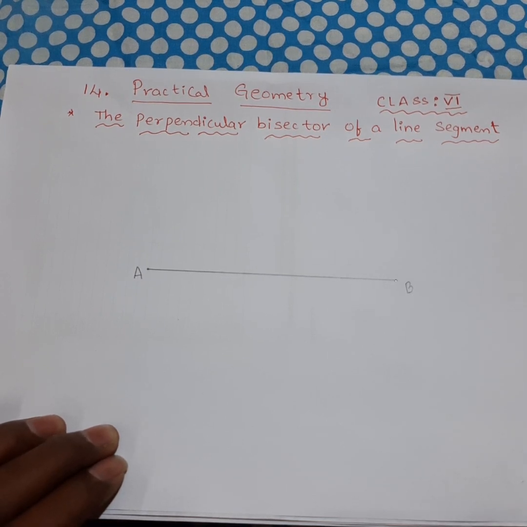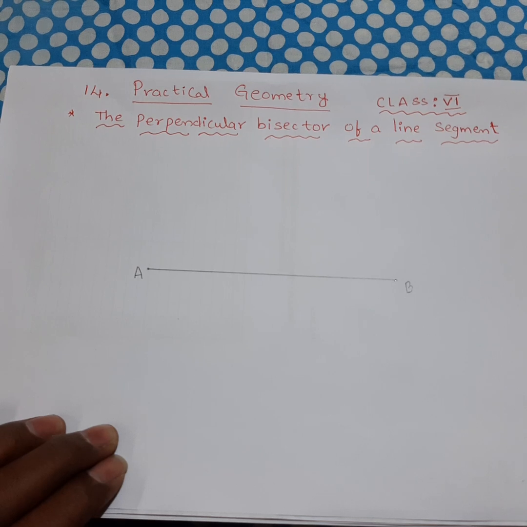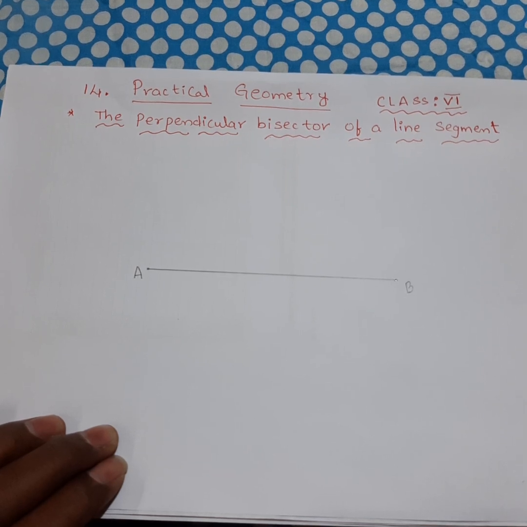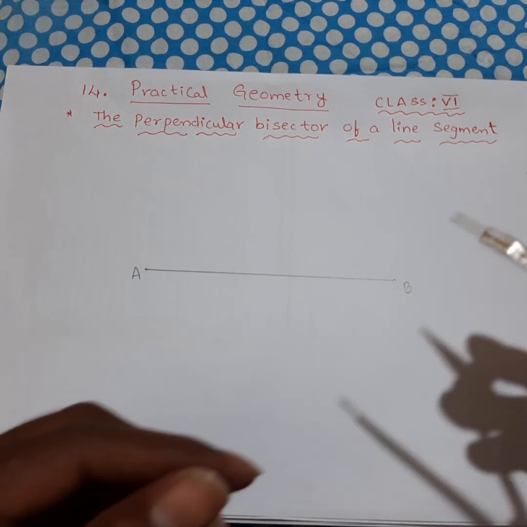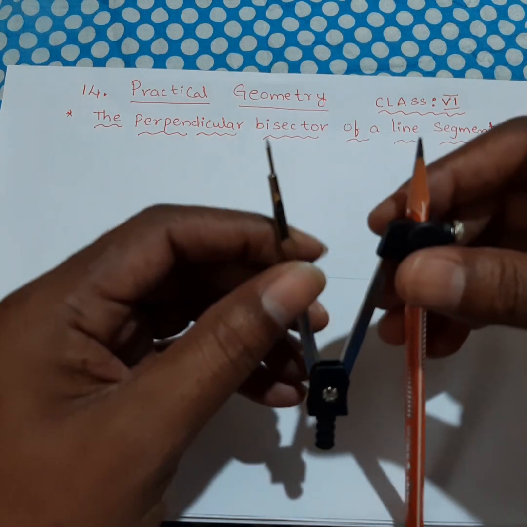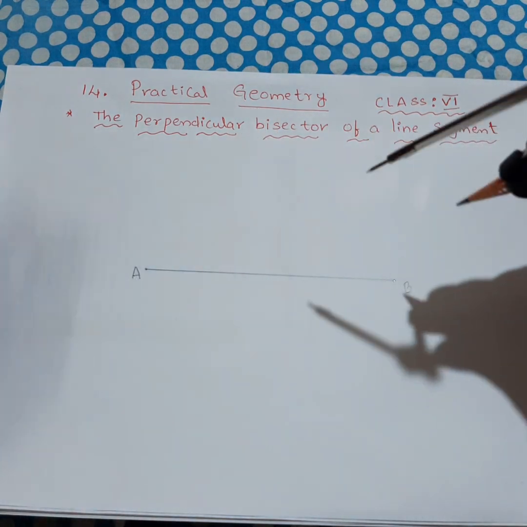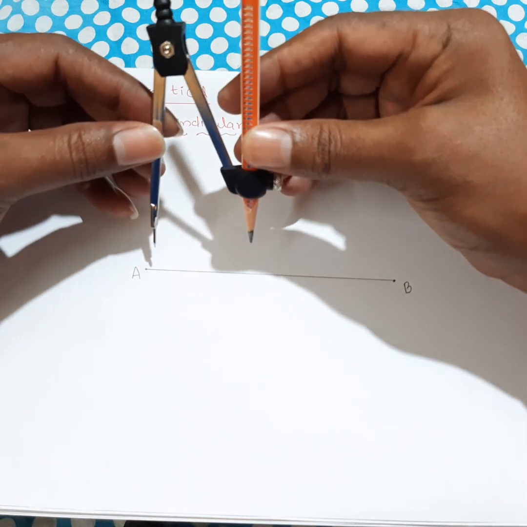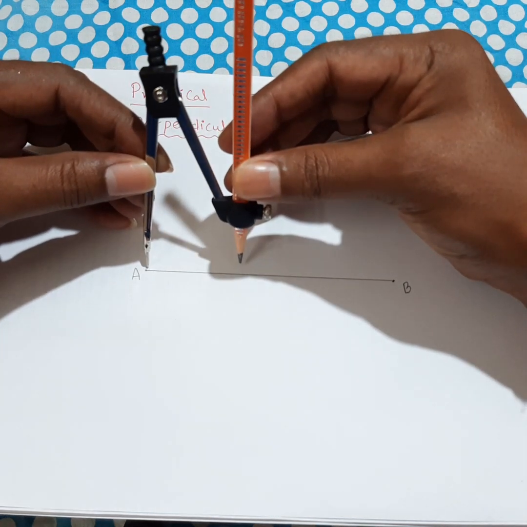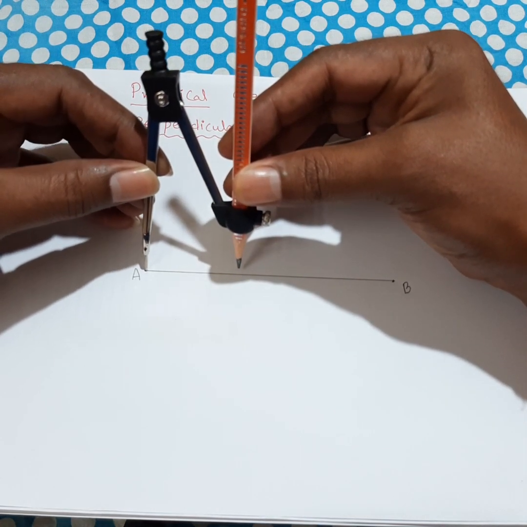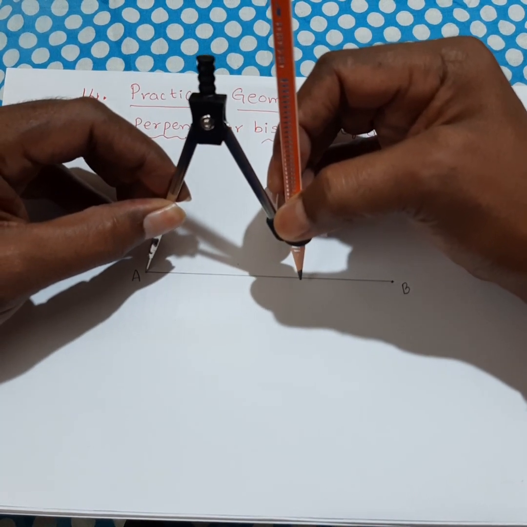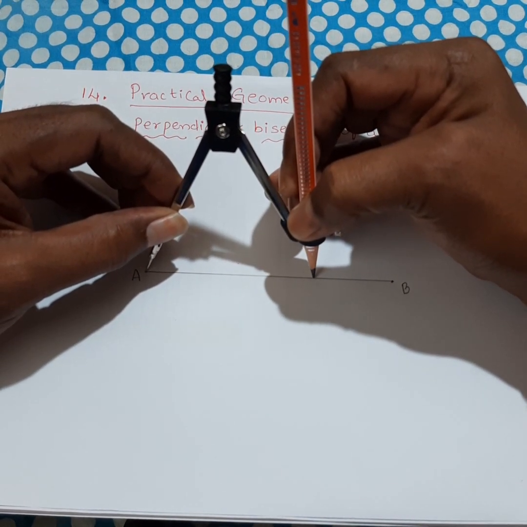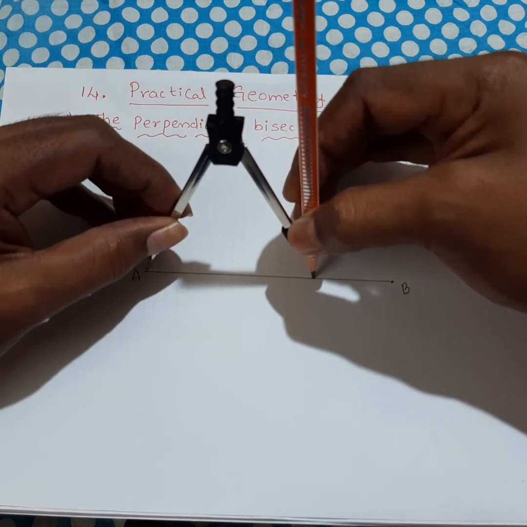So now to draw the perpendicular bisector, first of all take the compass. Take a convenient radius. Like this. Now take center as A, take a point on this. Take more than half of the length of line segment AB.